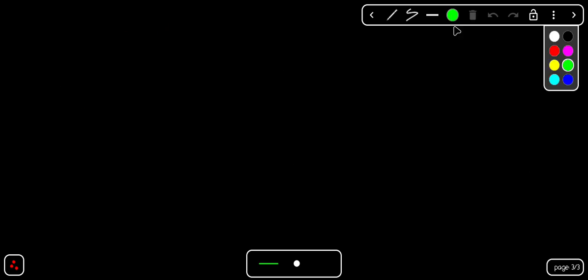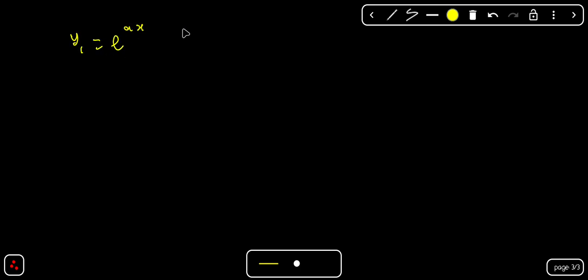So the first question that I have here is y1 equals e raised to the power of ax and y2 equals e raised to the power of bx. I want to check if these two functions are linearly dependent or linearly independent.